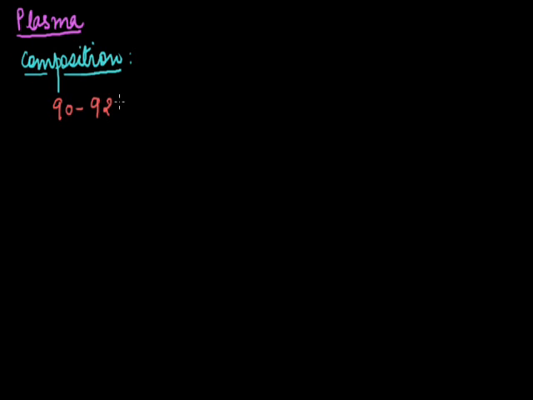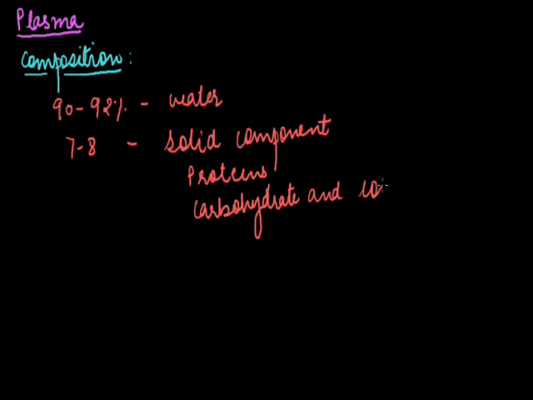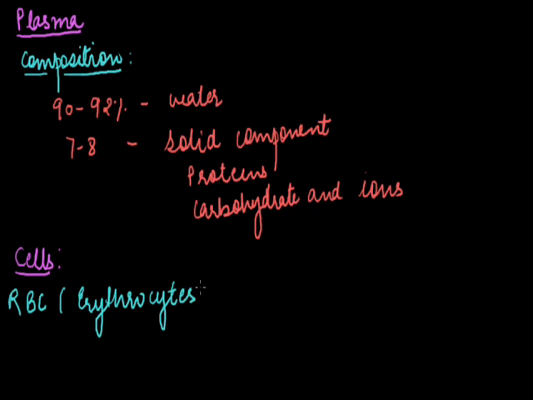Coming on to plasma, if we discuss the composition of plasma, 90 to 92% of the plasma is made up of water, and the remaining 7 to 8% consists of solid components. It can be proteins, carbohydrates and various ions. Coming on to the cells, first is the RBC, or red blood corpuscles, also called erythrocytes.